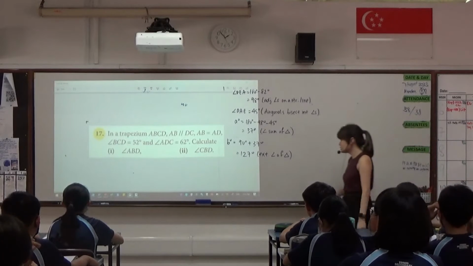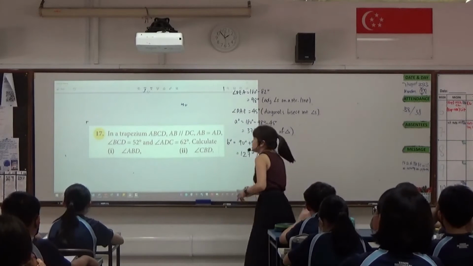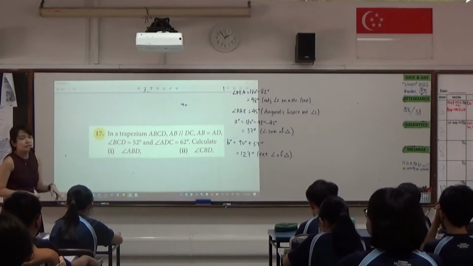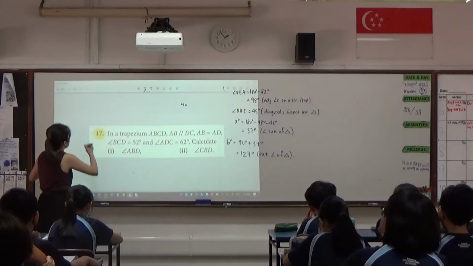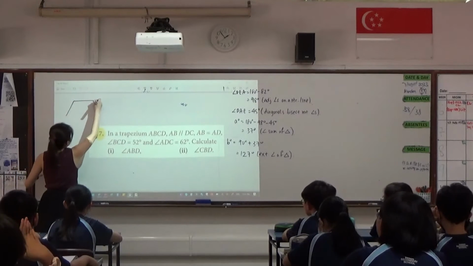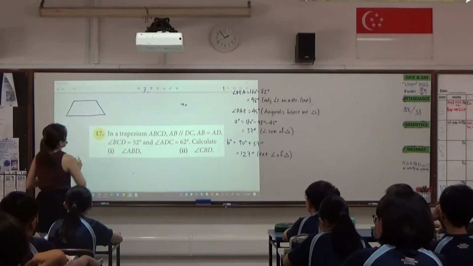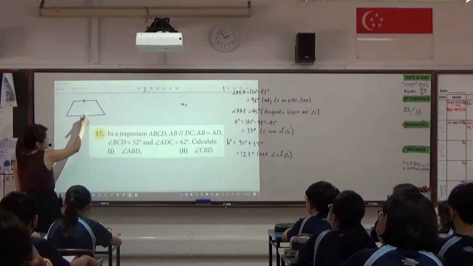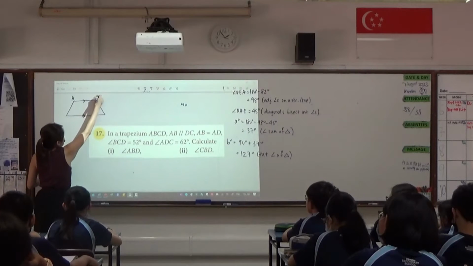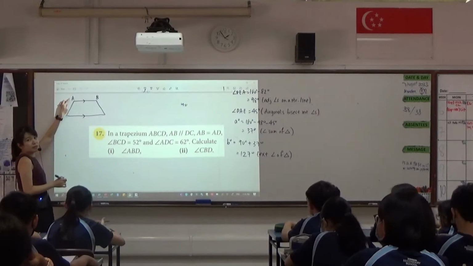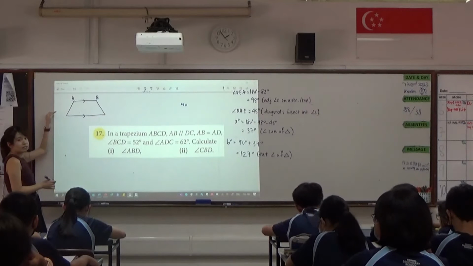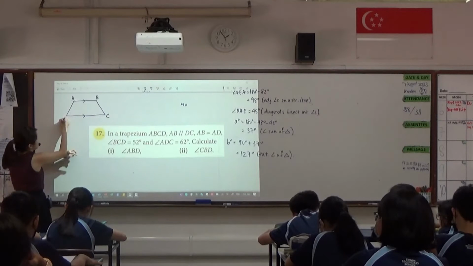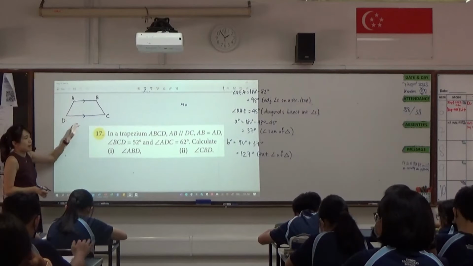So this is the question. We're given a trapezium, and you're told that AB is parallel to DC. So we'll draw a trapezium. It doesn't matter how your trapezium looks, as long as you know that there must be one pair of parallel lines, and in this case it must be AB. Because our naming must go in a clockwise or anti-clockwise manner, since this is A, B, now here must be C, and this must be D. And they are parallel.